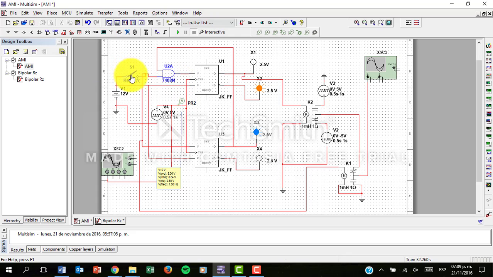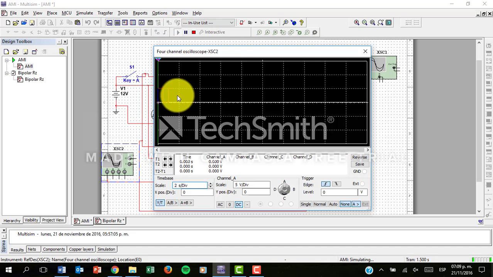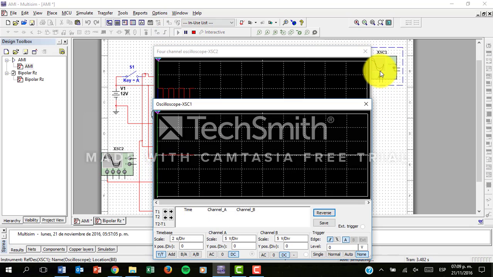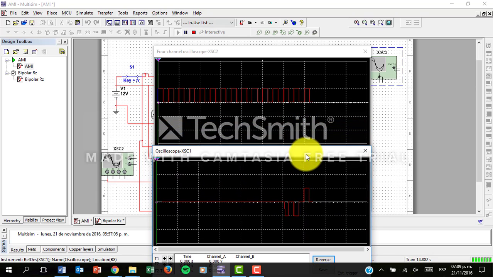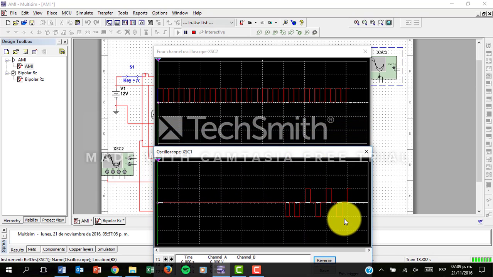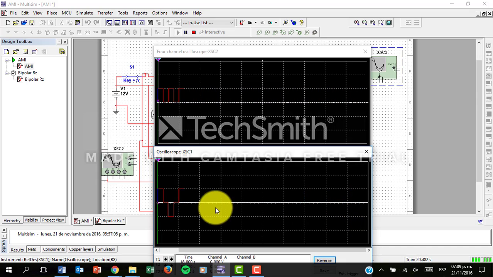So we start with a 0. We see that our clock is normal, but our output just comes to 0 because we haven't activated in here. But if we activate this one, it is going to alternate the signals between positive and negative at the same rate as this clock.